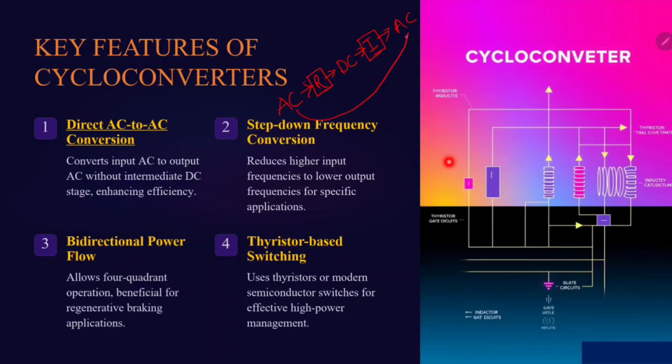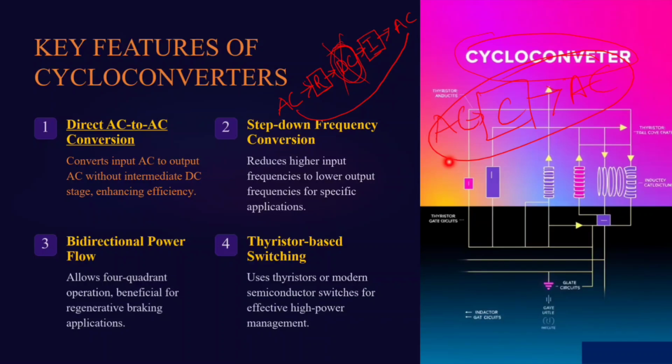So in between these AC to AC conversions, there is one intermediate DC stage. In the case of the cycloconverter, it skips this DC stage and converts AC to AC directly. This is one key feature of the cycloconverter.